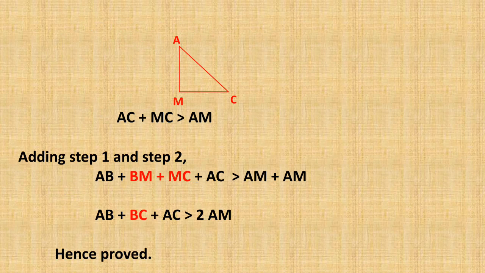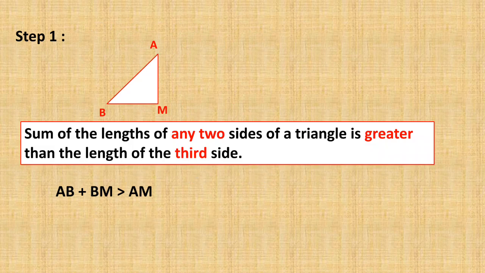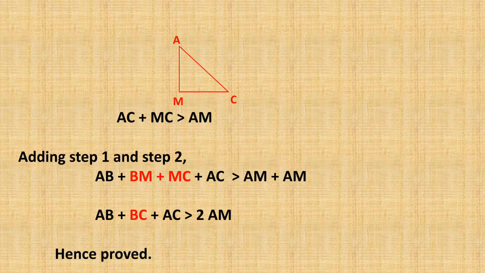Same thing here, taking AM on the right side, remaining AC plus MC. Step 2: AC plus MC greater than AM. Now we add step 1 and step 2, getting AB plus BM plus MC plus AC greater than AM plus AM. We are adding both sides.